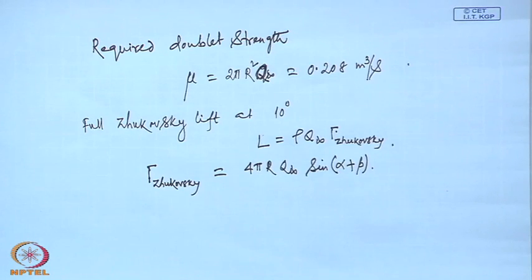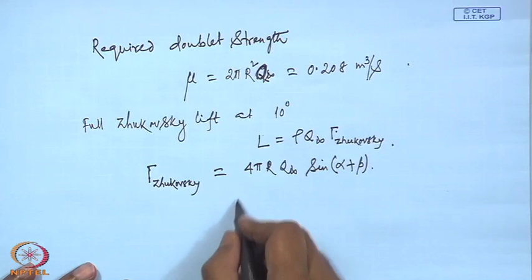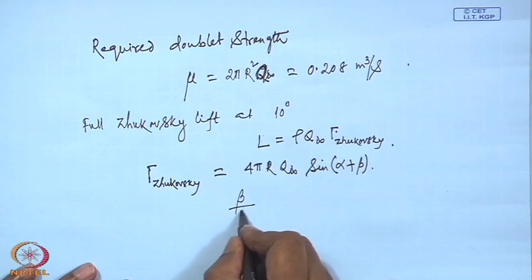Now, alpha is of course given 10 degree. How much is beta? Camber is given 5 degree. Camber is given 5 degree. So, camber is related to beta. Beta by 2 is the maximum camber. So, we have beta by 2 equal to how much?